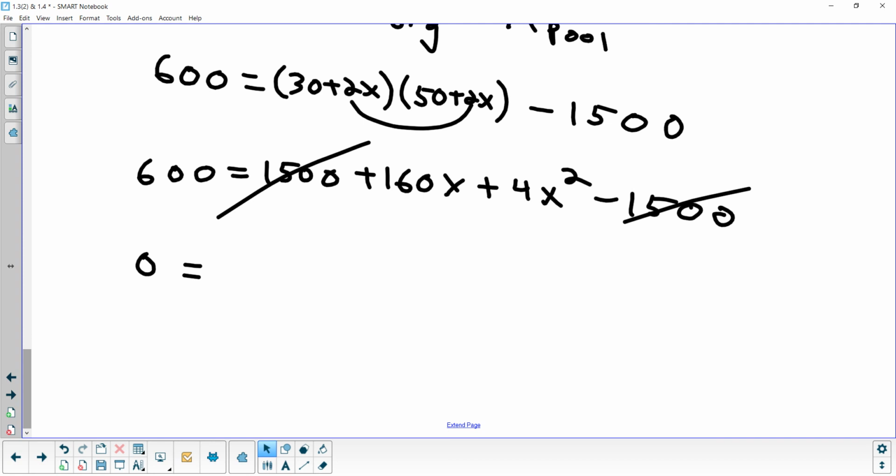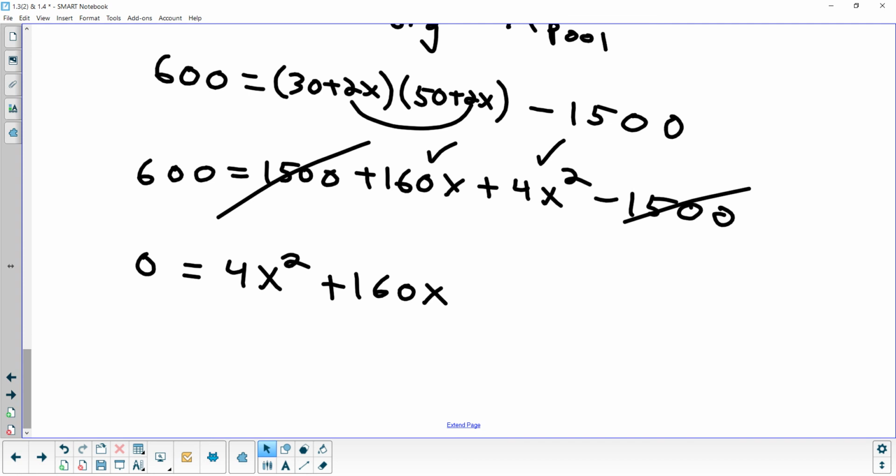So what would be my first term in descending order? Caleb? 4x squared. Okay, got that. What would be my next term in descending order? Yep, Lindsay? Plus 160x. Okay, we got that.